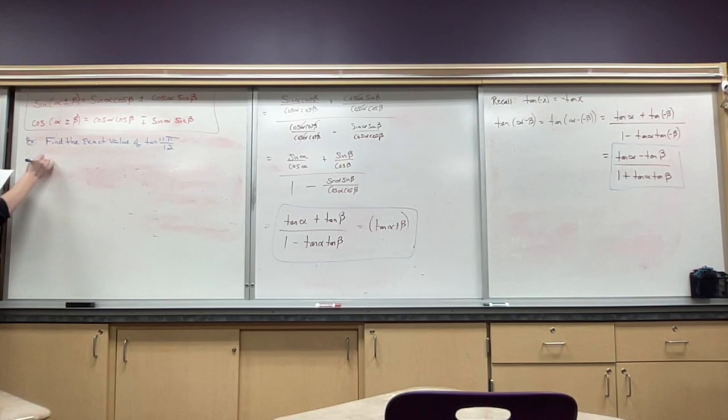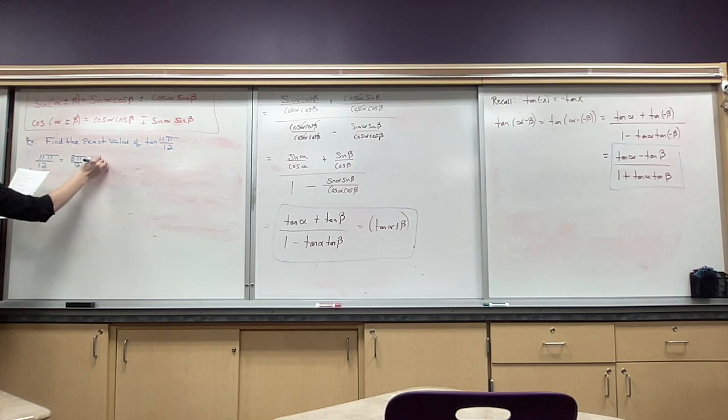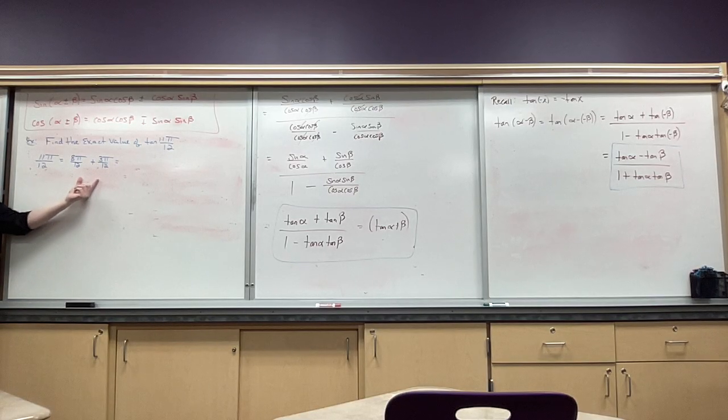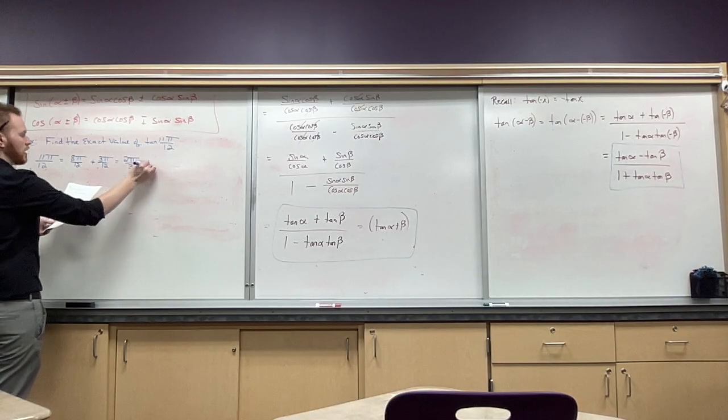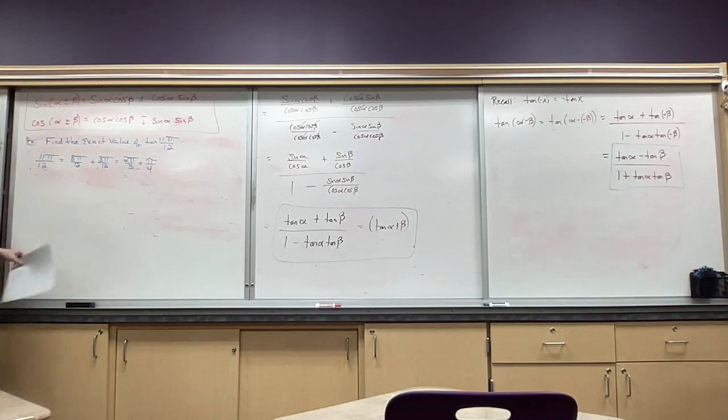So a little bit of groundwork here. So I can take 11 pi over 12 and split it up as 8 pi over 12 and 3 pi over 12, okay? Now again, these two, there's nothing special in the unit circle about them, but when I reduce it, I get 2 pi over 3 and pi over 4, and those are on my unit circle.